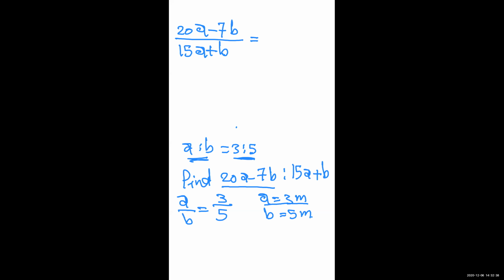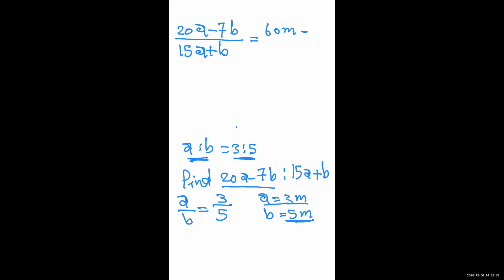Sorry, guys. So the first one, 20A, which equals 20 times 3M, so it will equal 60M minus 7B. B now is 5M.